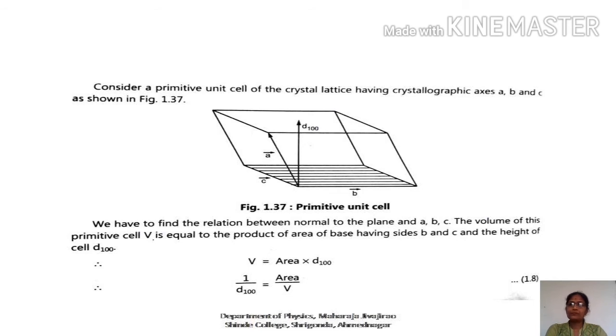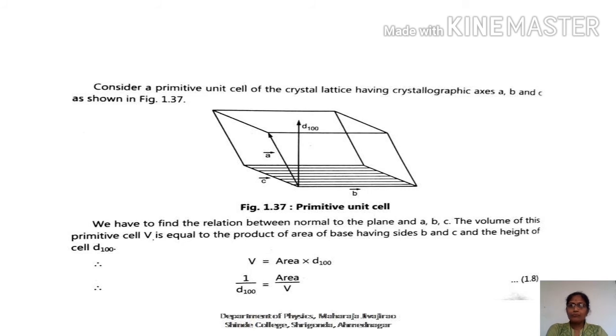Now we will try to find the relation between the normal to the plane and the abc axis. Consider a primitive unit cell as shown in figure 1.37 and its crystallographic axes are a, b, c.